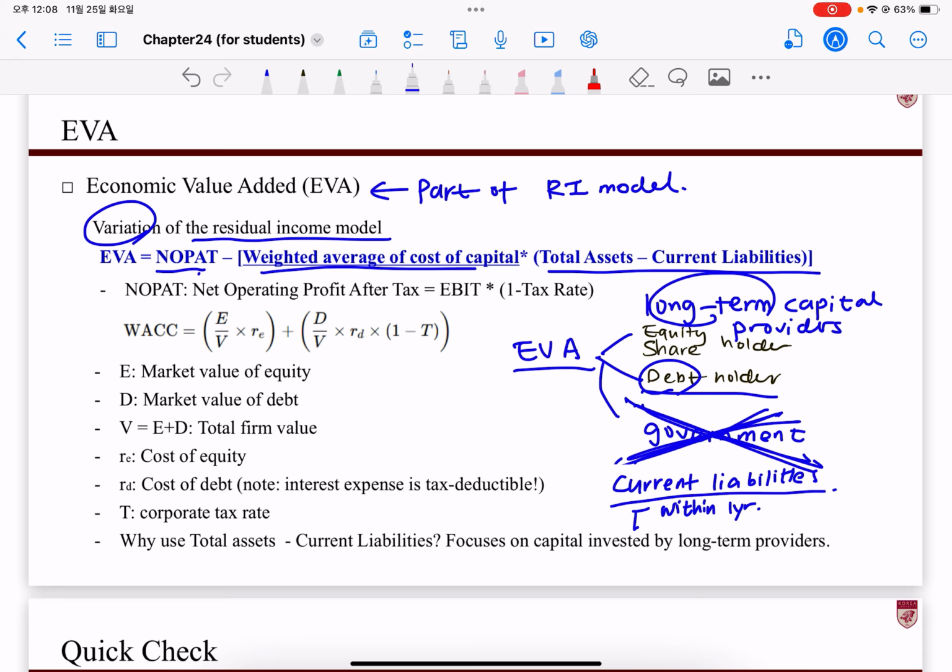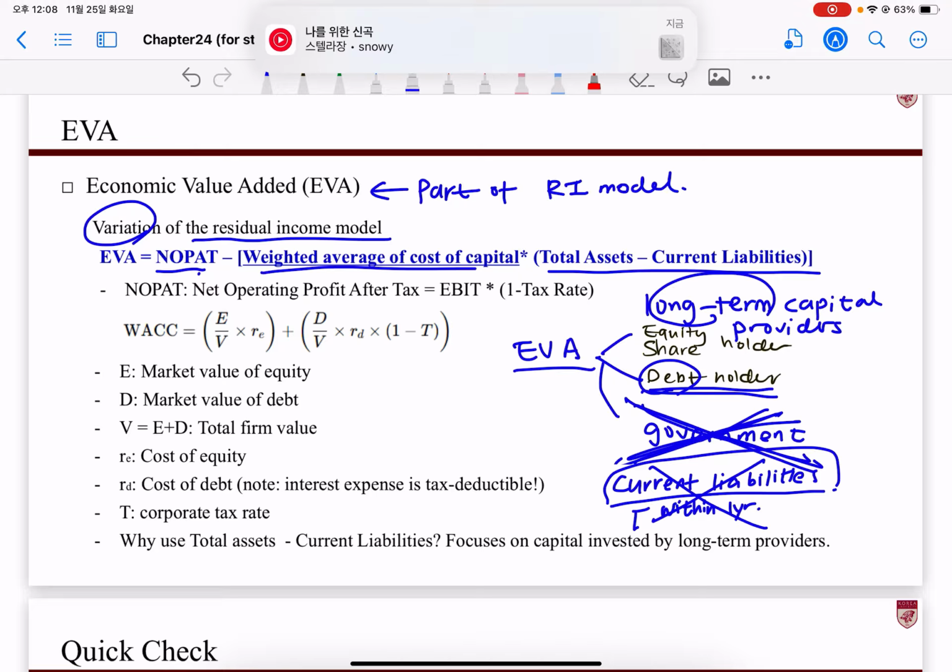And these are people that the company has to pay within 1 year. So these are not the long-term capital providers that we want to consider here.